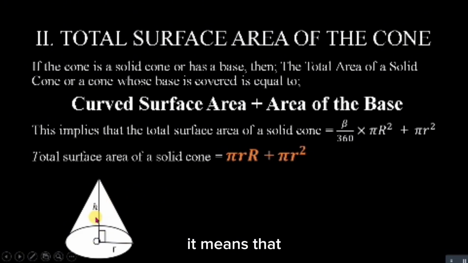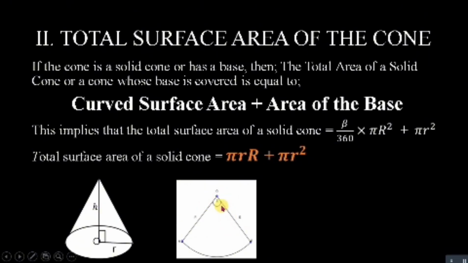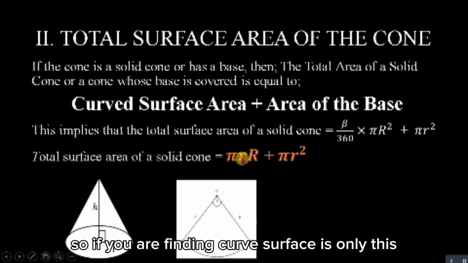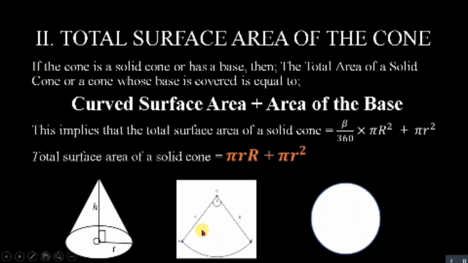This is the curved surface. This is what is folded to get this. So if you find the curved surface, it's only this. All right. And the base is a circle. So you find this plus this to get the total surface area.